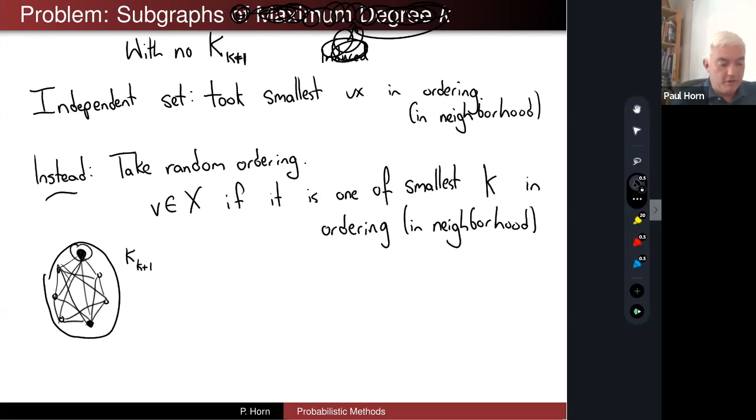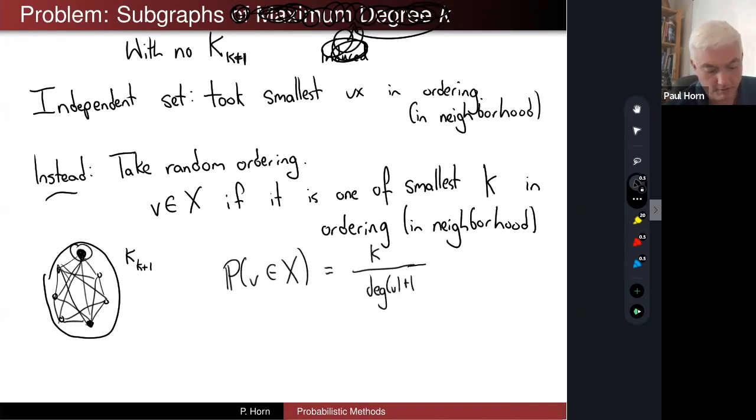So if I take this vertex to be in my set, if it's one of the smallest K, then actually instead of an independent set, what I get is a graph with no complete graph on K plus 1 vertices. The probability that V is in X is now like K over the degree of V plus 1.